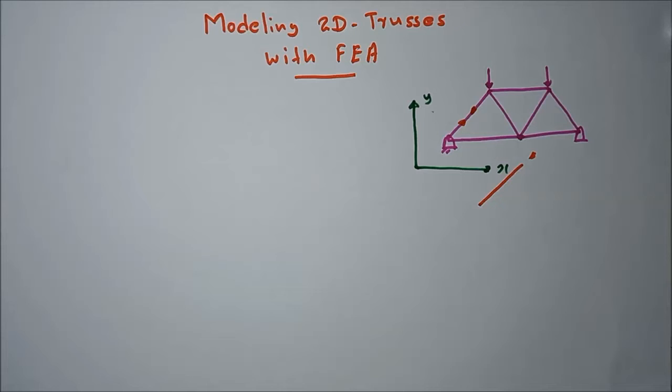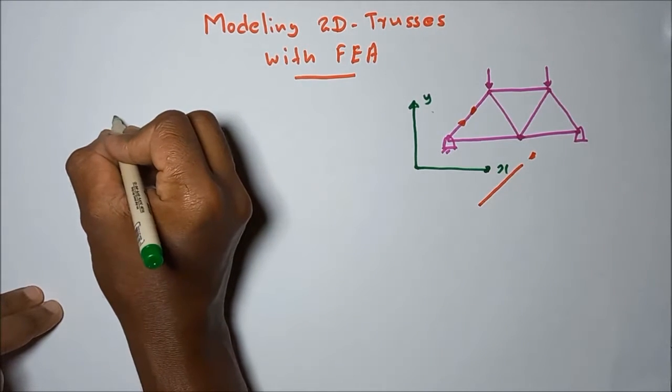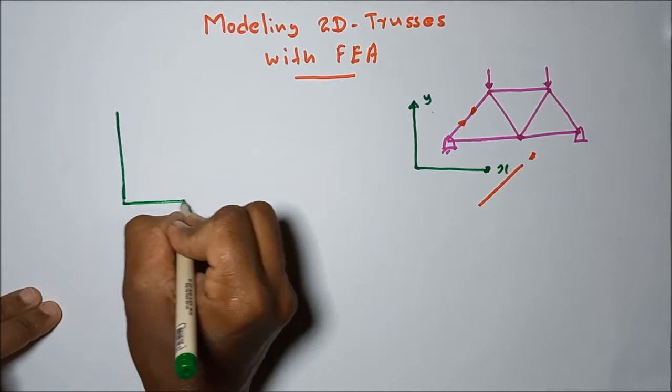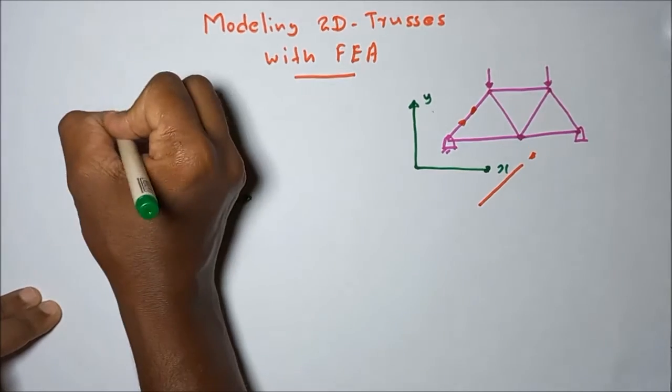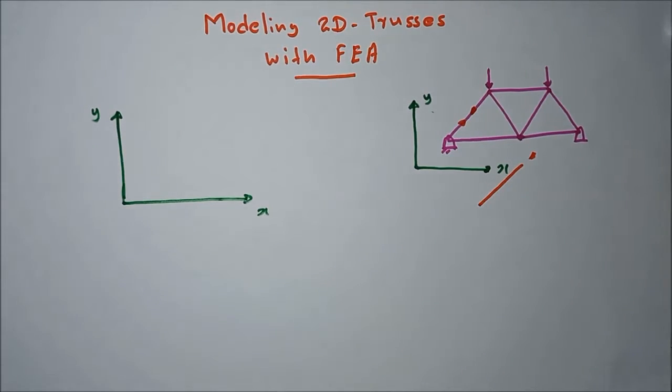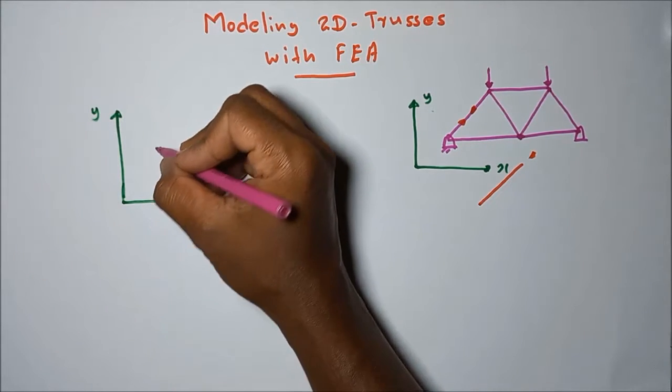I will draw it very clearly. By looking at the entire structure, we assign this global coordinate system. As a rule, the global coordinate system should represent its natural position.